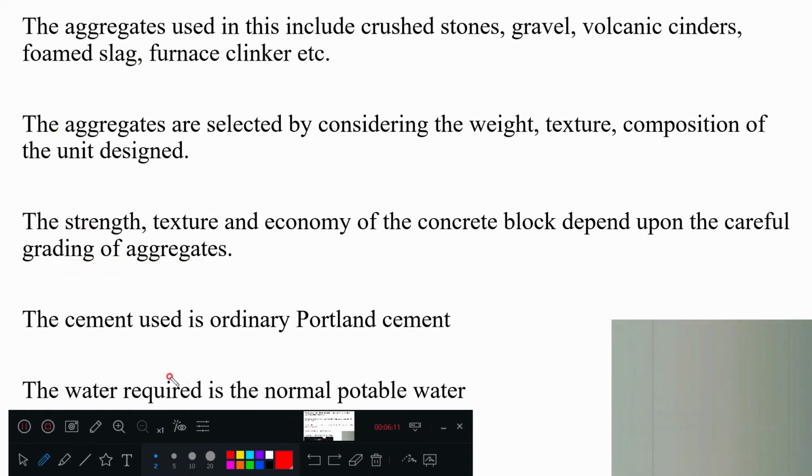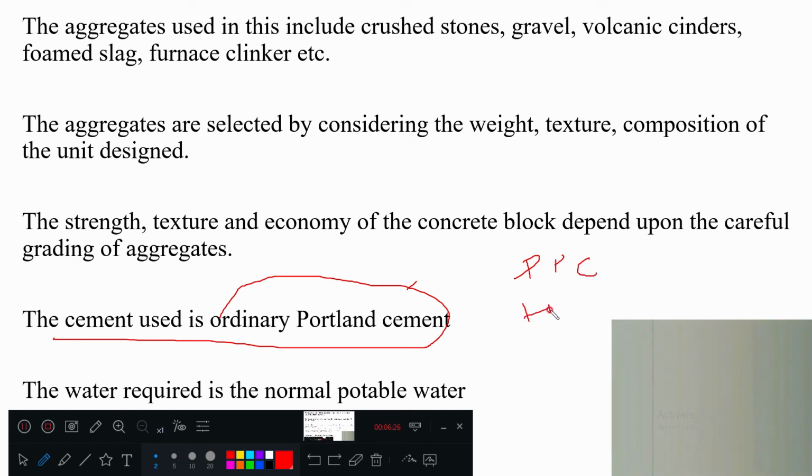Now for cement, we generally use OPC. I mention OPC because other types of cement are also available in the market, maybe PPC, Portland Pozzolana cement, high sulfate resisting cement. A lot of types are there, but they are used for special purposes of concreting works. Here we are using only OPC, or ordinary Portland cement, and normal water.